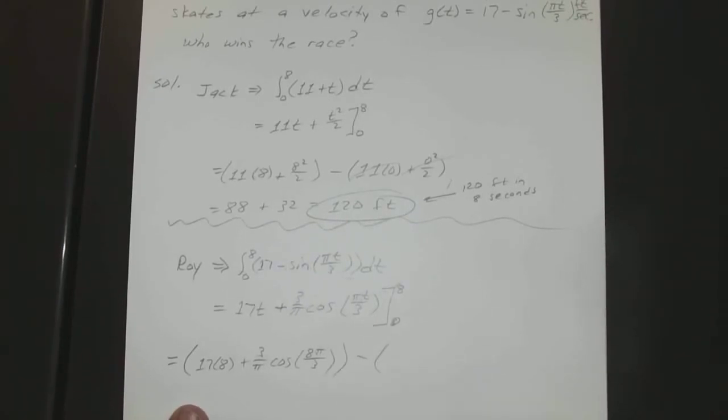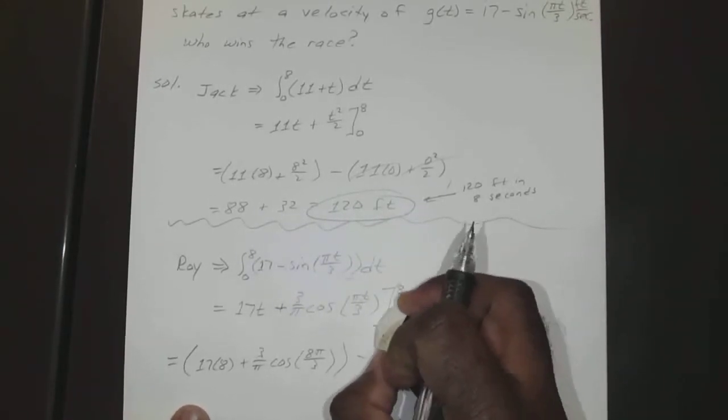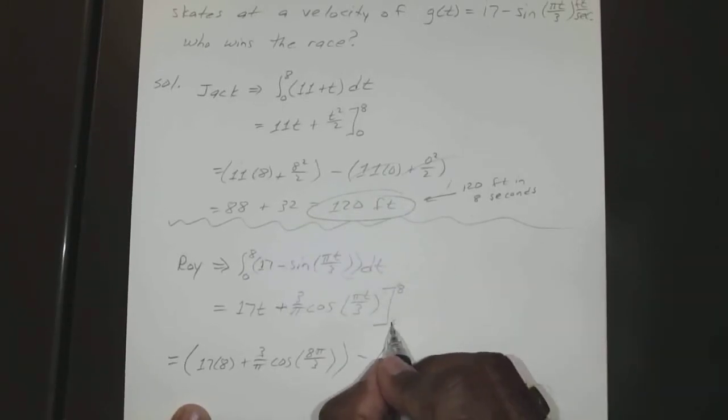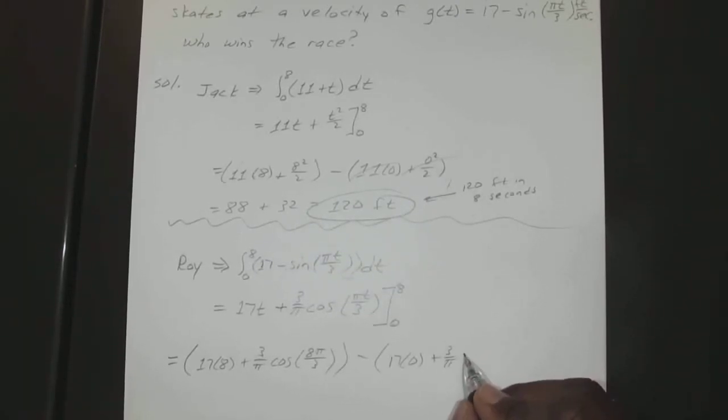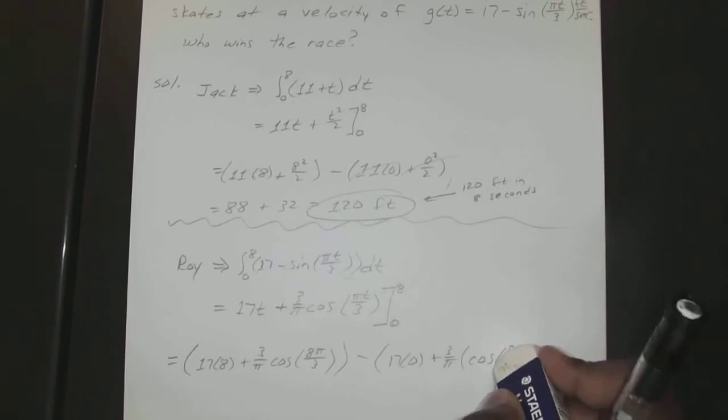Minus, plug in our 0: you have 17 times 0 plus 3 over pi cosine 0, or 0 pi over 3.